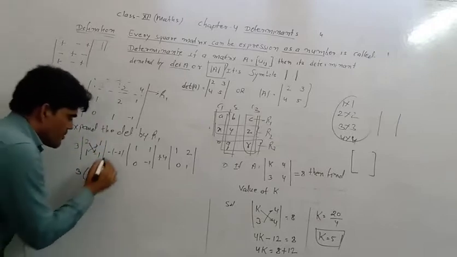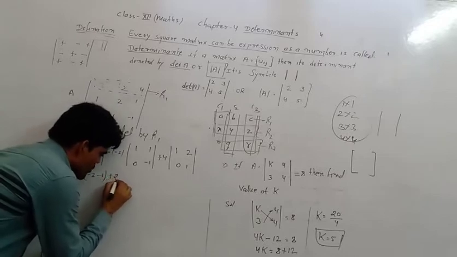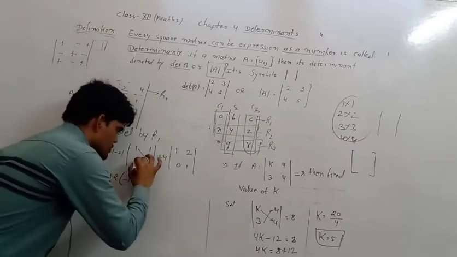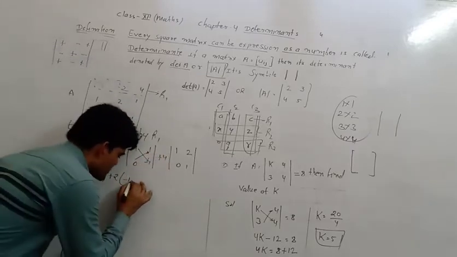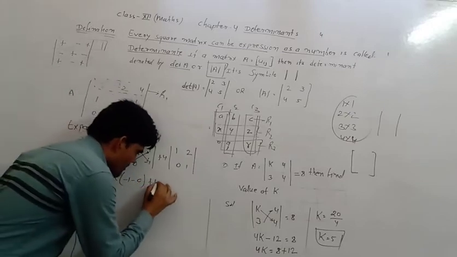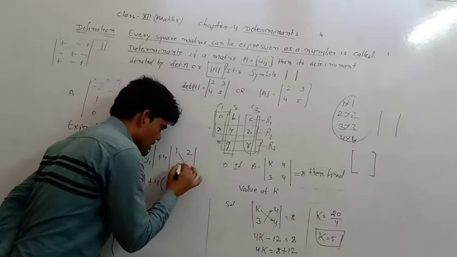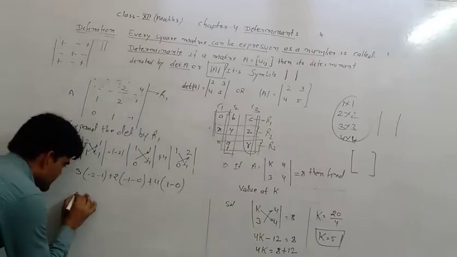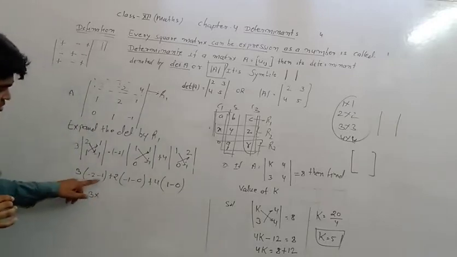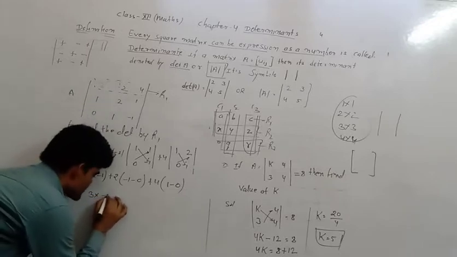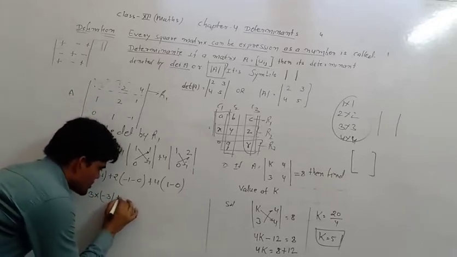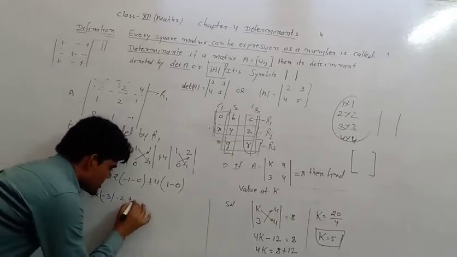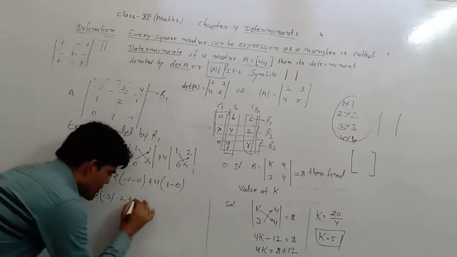Then for the minus term, 1 into minus 1 means minus 1, 0 into 1 means minus 0, plus 4, and 1 into 1, and 0 into 2, so 1 minus 0. Next, 3 into minus 2 and minus 1 gives minus 3, minus 3 plus 2 into minus 1 means minus 2, and plus 4 into 1 means 4.